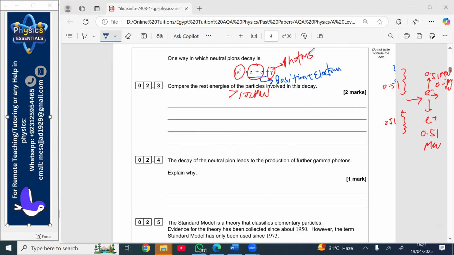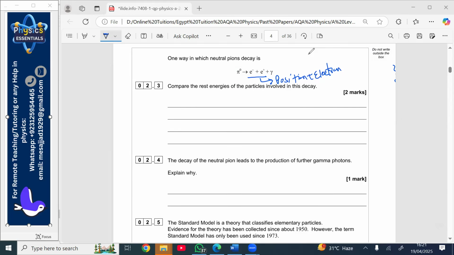So we are saying that the pion turns into a pair production and some gamma, right? So what's the answer to this question? It's very straightforward: the pion must have energy greater than 1.02 MeV, because that is the energy required to create the pair.